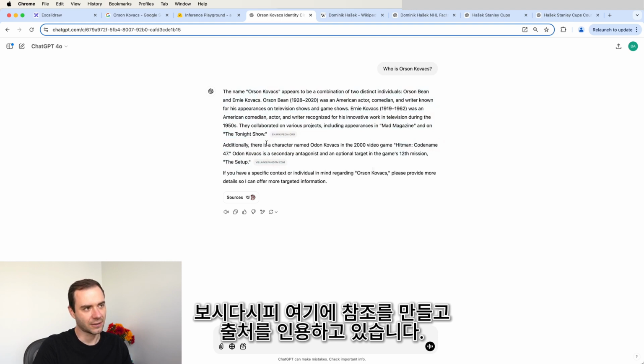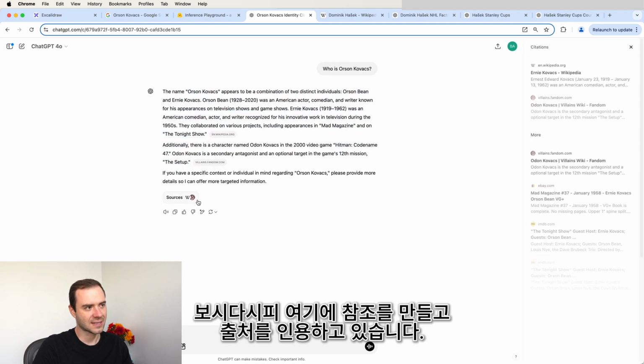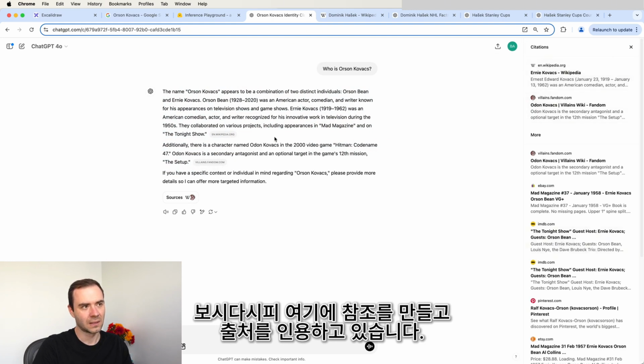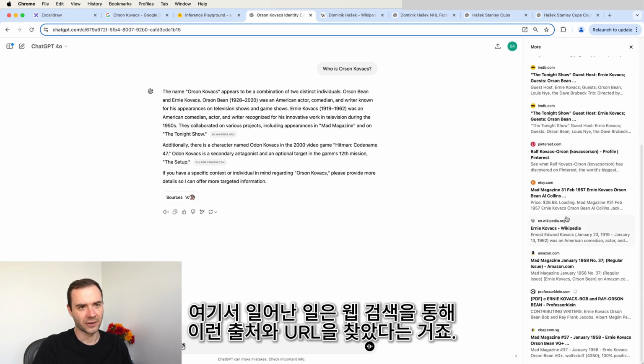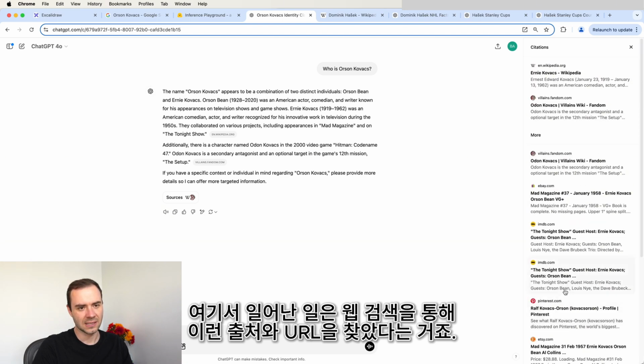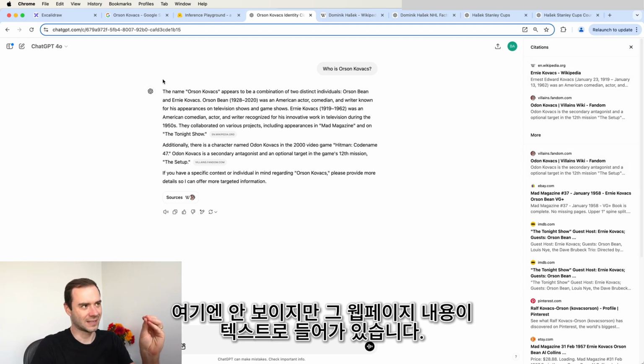You see how it's creating references here, so it's citing sources. What happened is it went off, did a web search, and found these sources and URLs, and the text of these web pages was stuffed in between here. It's not shown here, but it's basically stuffed as text in between.